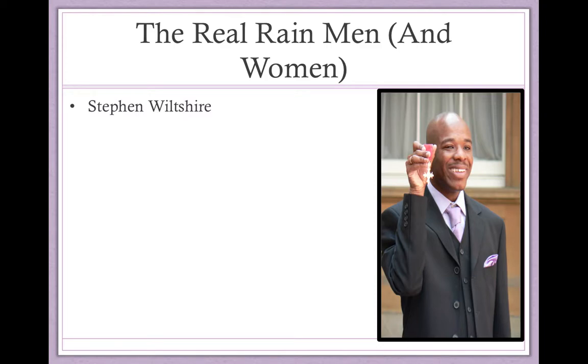And then this is Stephen Wiltshire. He has autism. He's on the autism spectrum, which does not necessarily mean that he has a low IQ or low intelligence. Some people on the spectrum are actually extremely intelligent, but he can draw from memory.